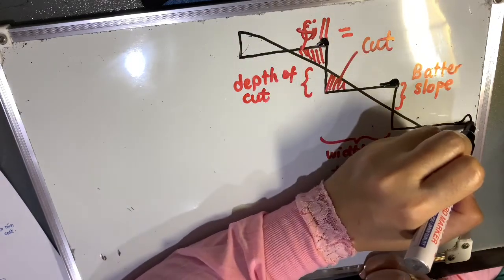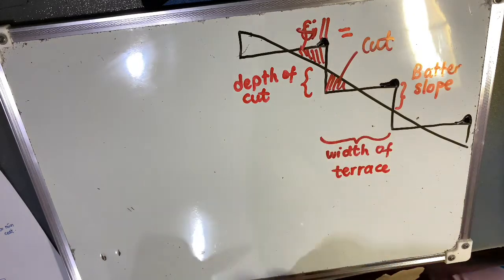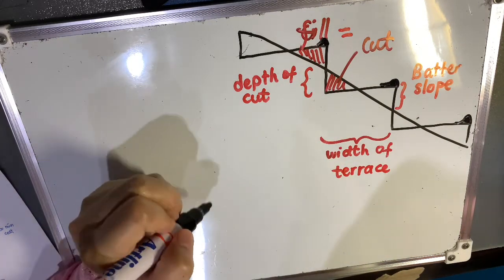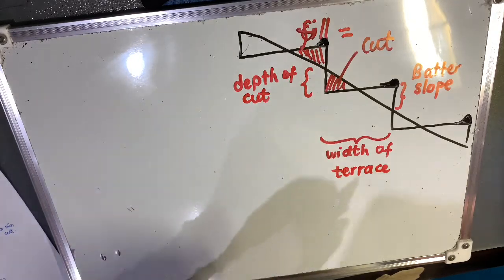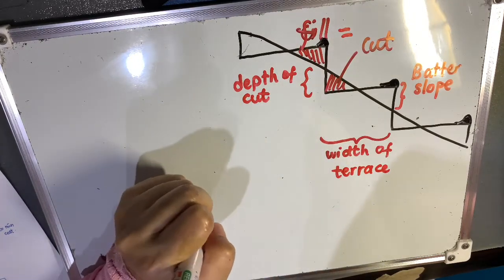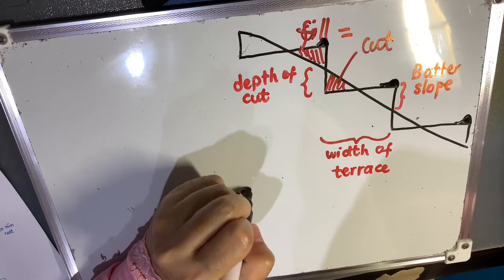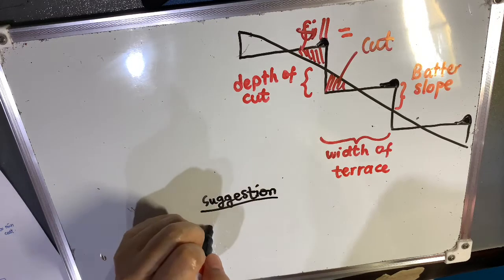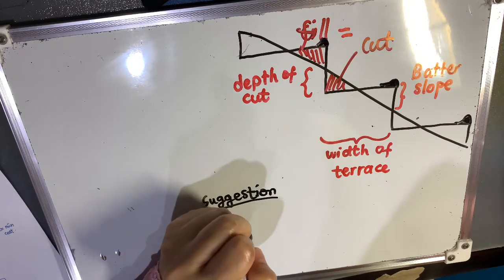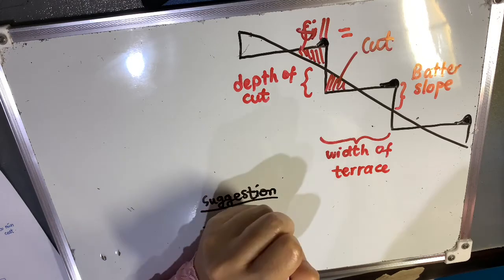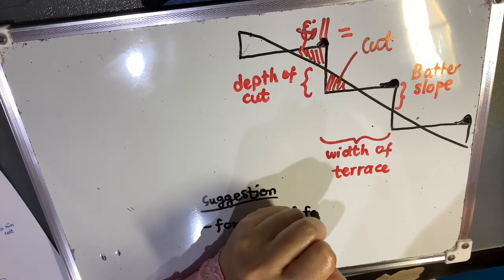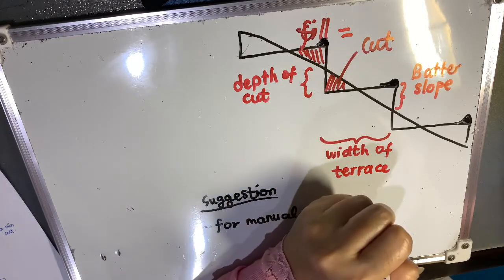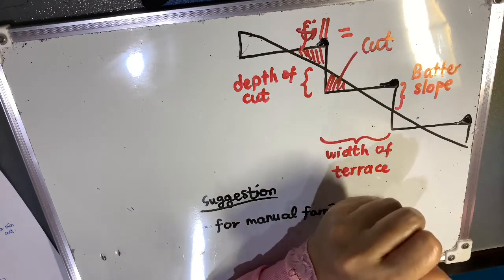For suggestion, from the reference that I see, the width of the terrace for manual farming should be around 2.5 to 5 meters.